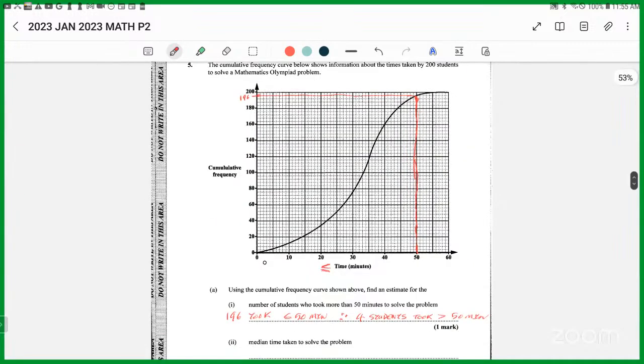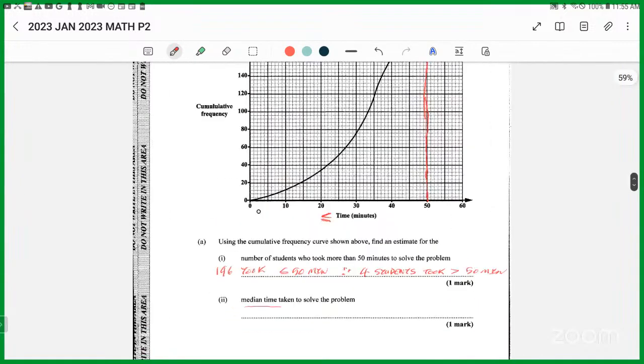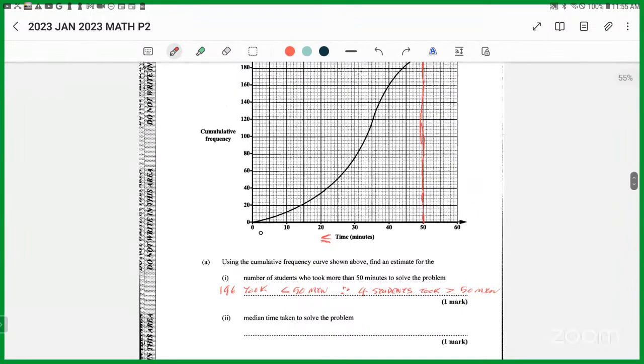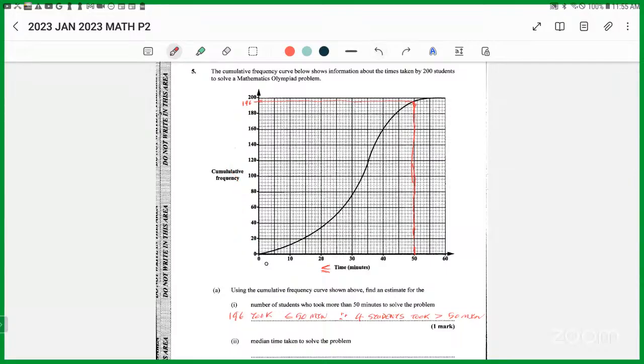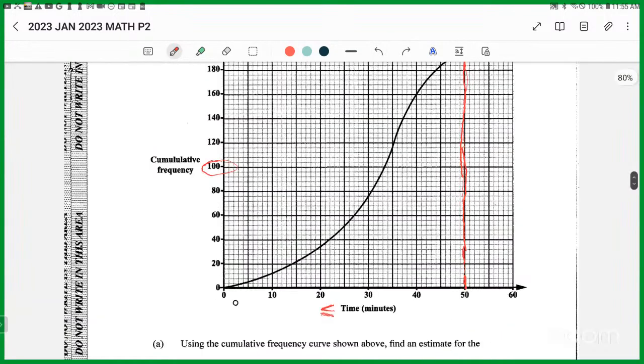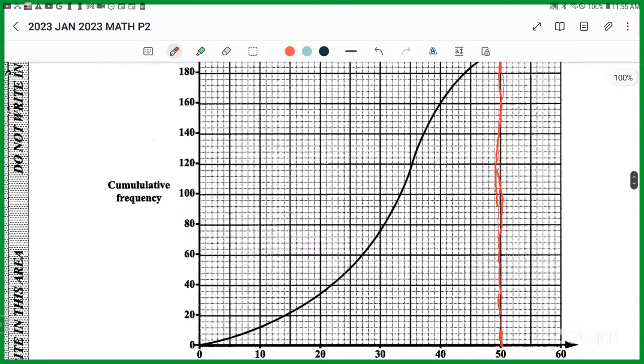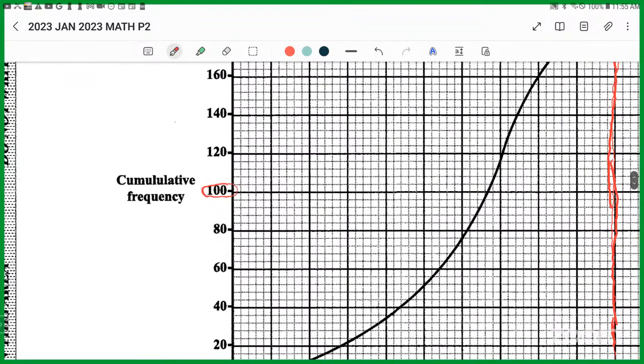Yes. All right. Then it wants the median time taken. So the median time is the time taken by approximately the 100 students. Since there are 200 students in the survey, the median time is the time taken by the 100 students, half the number of students. So this would be the position of the median right here. 100 students is the position of the median mark.